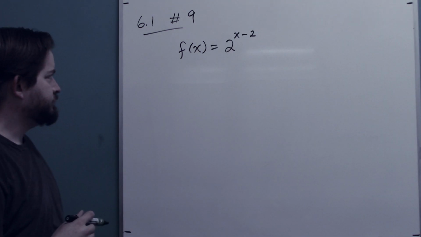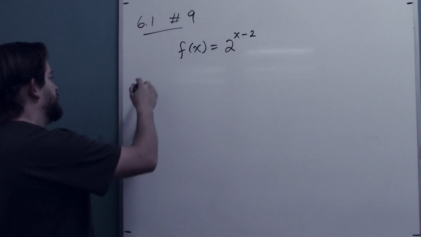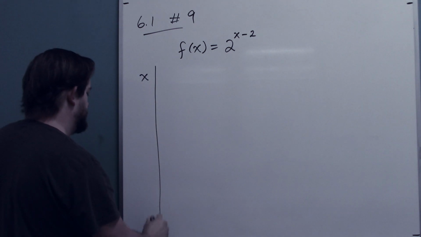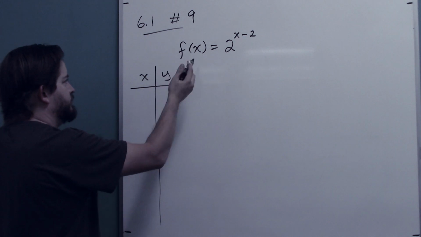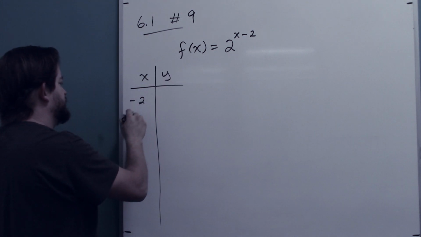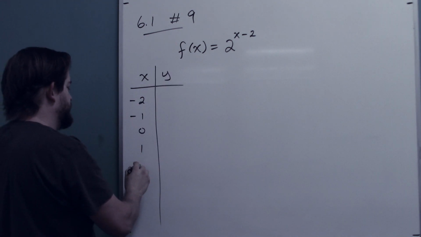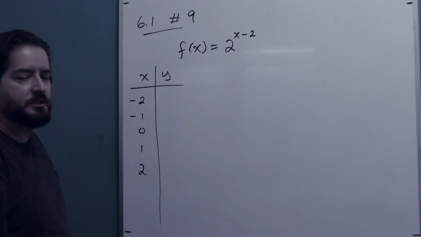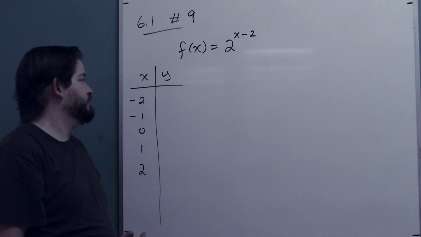So I would do the same thing. I'll just grab a couple of x values and find their y values. And I'll start with those same ones, negative 2, negative 1, 0, 1, and 2. And I may have to adjust this to find some better ones, but I think those are probably good for now.